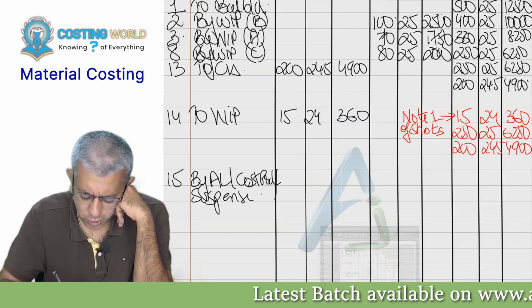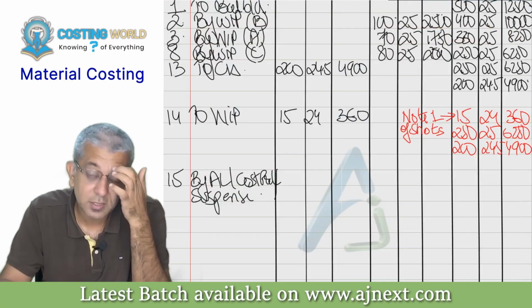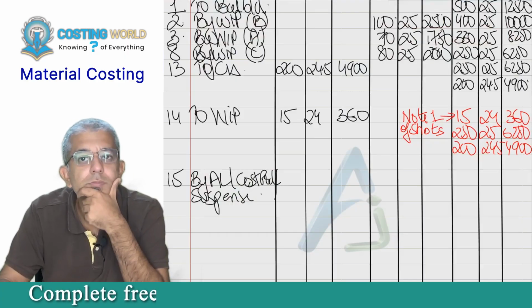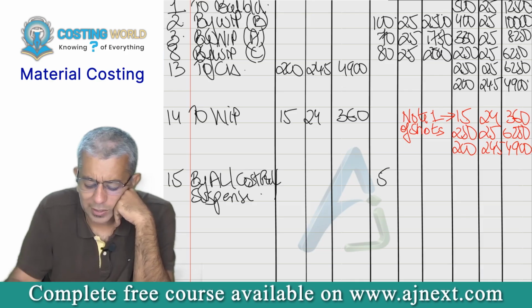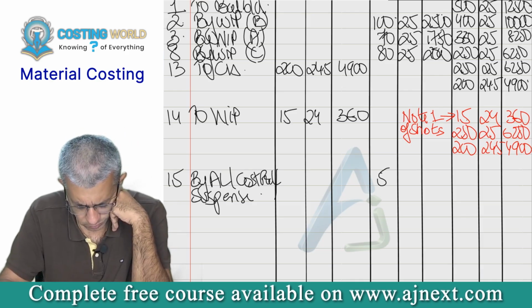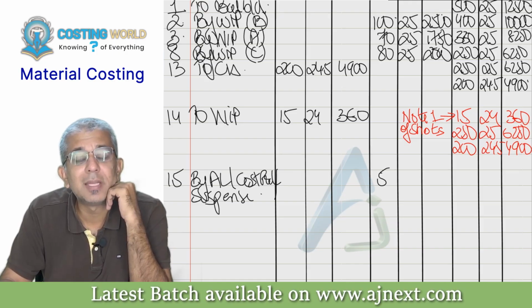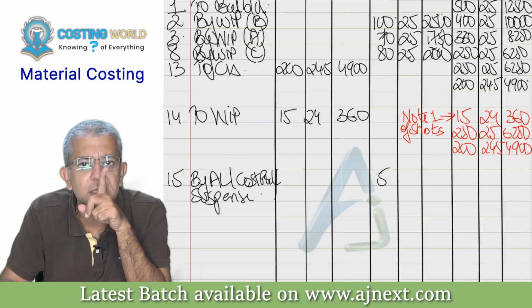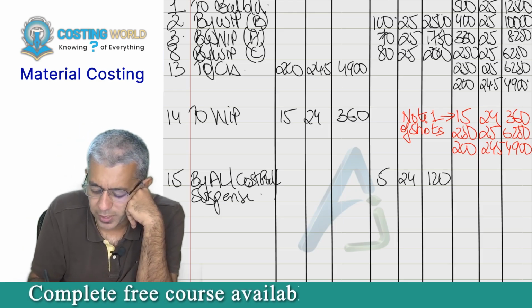Now tell me, there was a stock shortage of 5 units, no? This 5 will be written in receipts or issues? Issues. And how do I get the rate of this? Rate is determined by the method. The method is FIFO in this case, no? Yes. So at the rate of 24, 120.